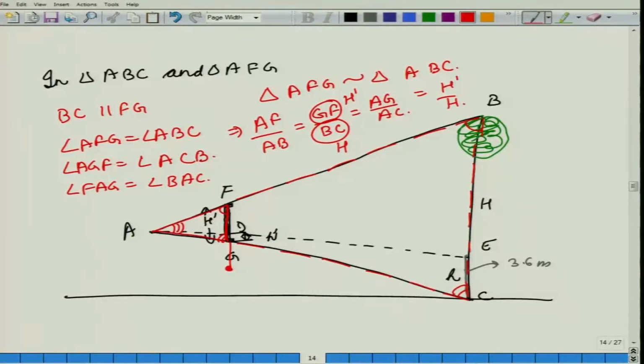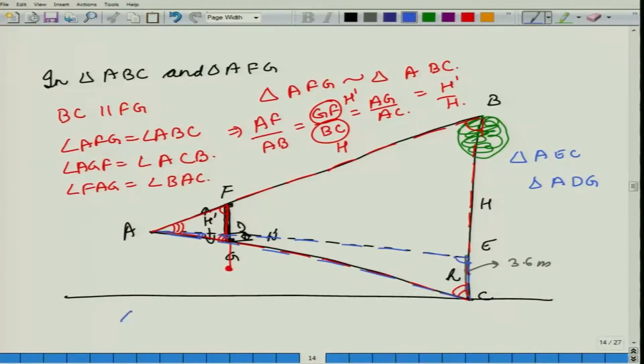Now, similarly, we consider these two triangles, triangle AEC and triangle ADG. In both these triangles we have a common angle.